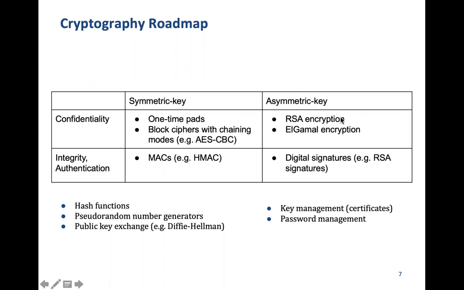So I think we'll just stick to RSA, and then of course we'll cover digital signatures. Some of the other things that we learn are hash functions, pseudo random number generators, public key exchange, Diffie-Hellman, and then key management, that's the digital certificates, and password management.